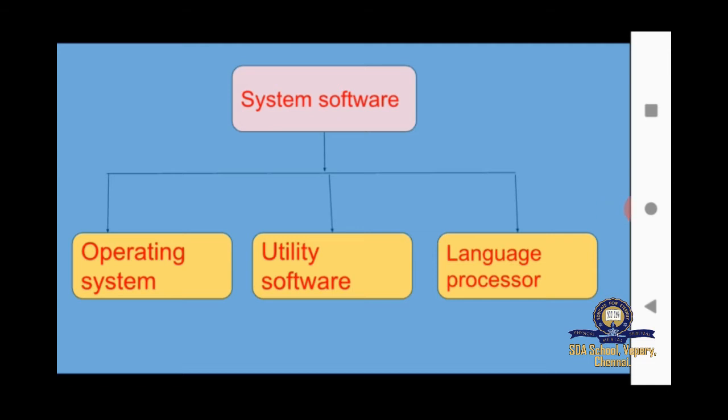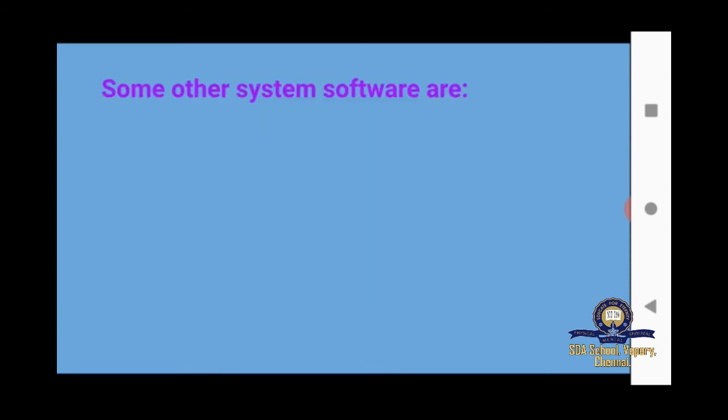It acts as an interface between the user and the hardware. We are the user, and the hardware are the monitor, keyboard, mouse. These are examples of hardware, and the operating system acts as an interface between us, the user, and the hardware, and enables them to work together.